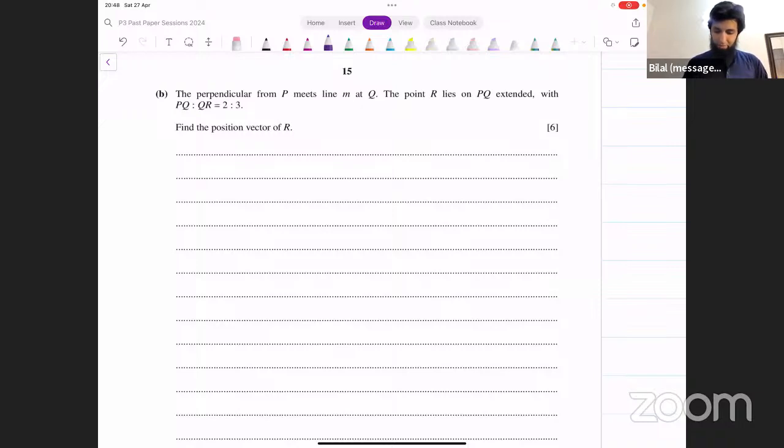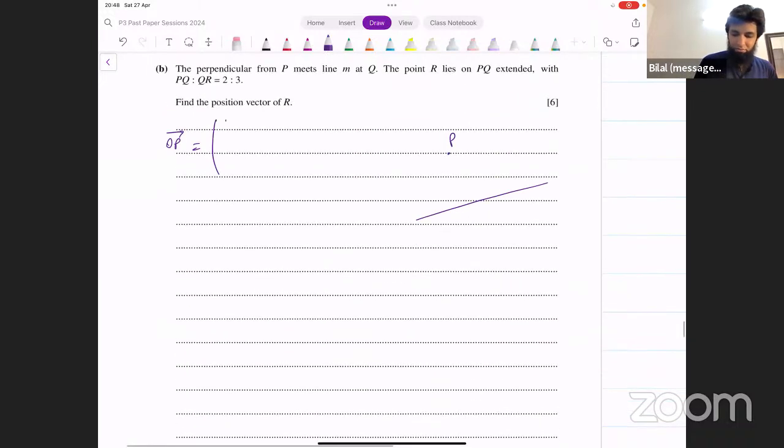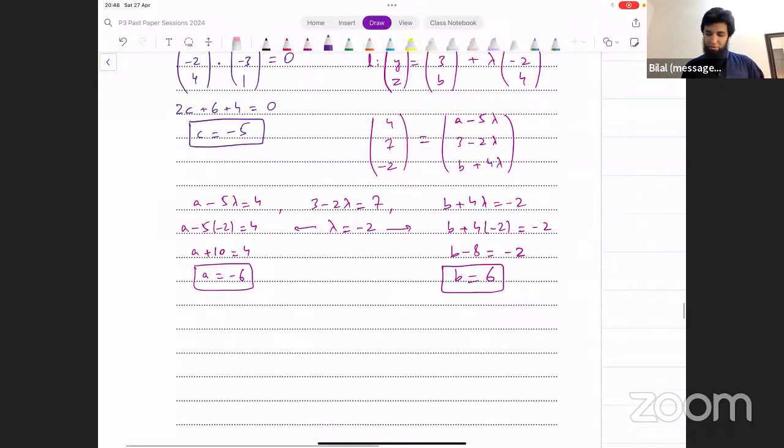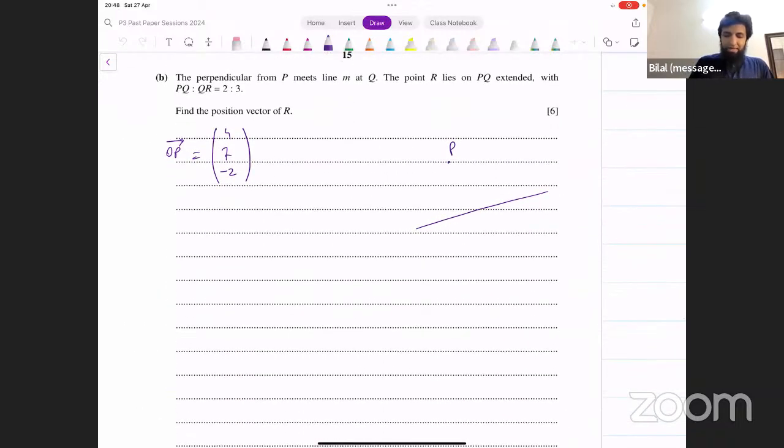Okay. So we have a point P somewhere. Let's say this is point P. Do we know the position vector of the point P? 4, 7, and minus 2. That's the position vector of P. 4, 7, minus 2. And then we've got the line M. The line M has this equation. Let me write that down here as well.